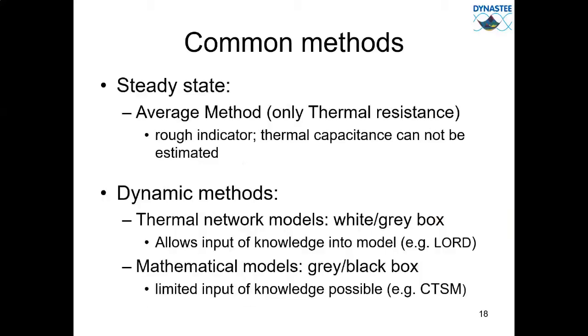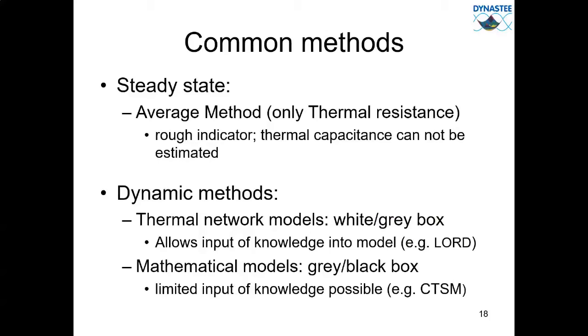Common methods that we today will consider are the steady state or the average method, but that can only assess the thermal resistance as a steady state value. The results should be considered as a rough indicator. Note that dynamics or the thermal capacitance cannot be estimated.